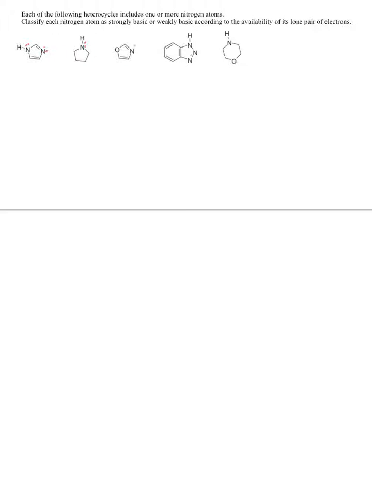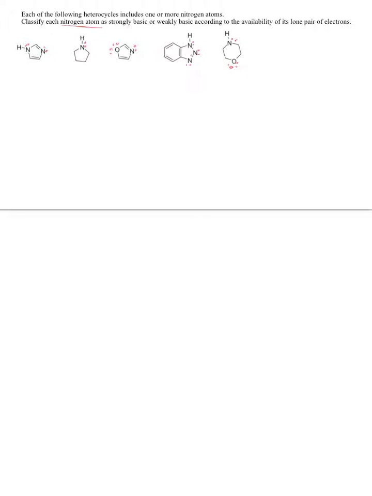So we can do this for each one. And then you want to put in for oxygen. So it's always good to put in the lone pairs. I'm just going to do that right off the bat here. Okay, and now we're going to classify each nitrogen atom.